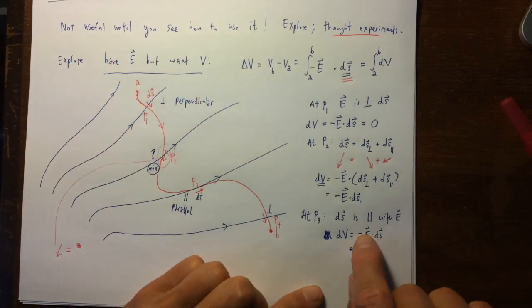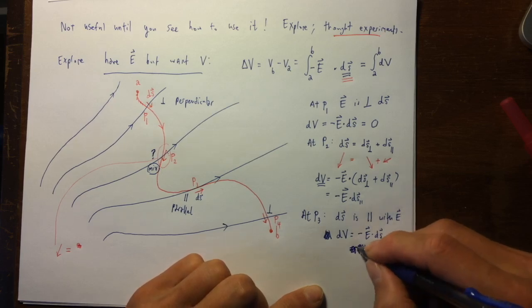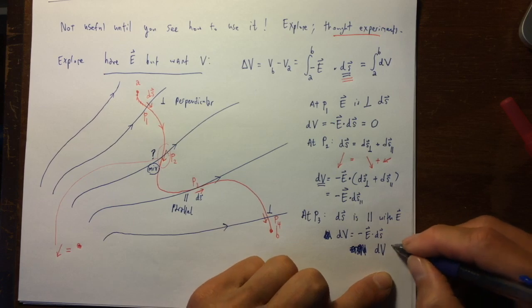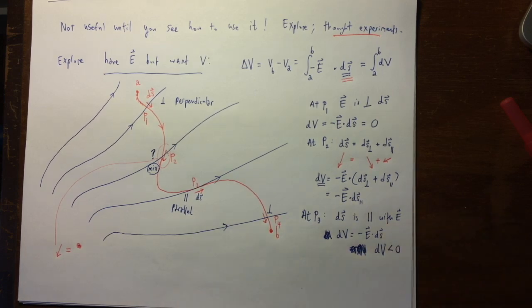But there's this minus sign. So let me just say that at P3, dV actually shrinks. So this is a situation where we lose a little bit of potential difference.